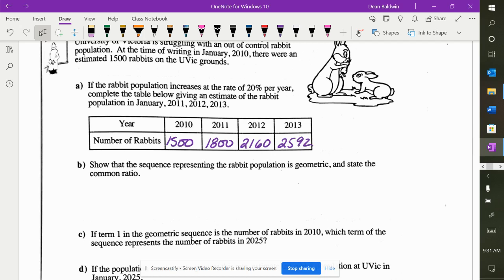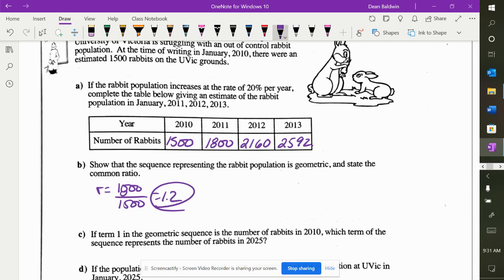What is the common ratio, r? How do you find the common ratio? 1,800 over 1,500 is 1.2.